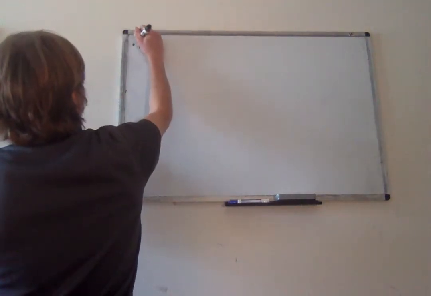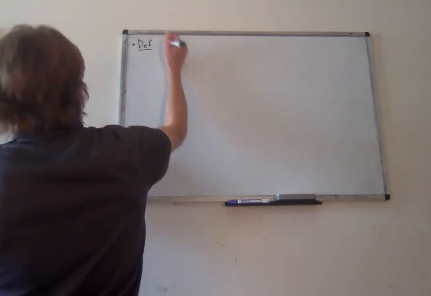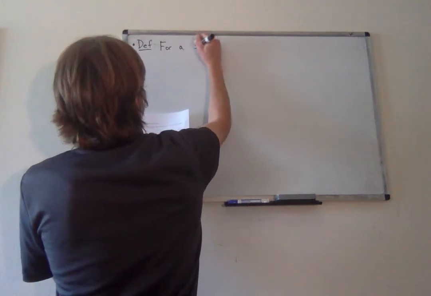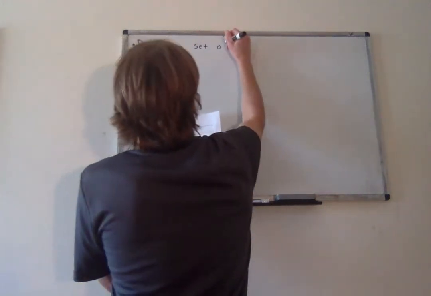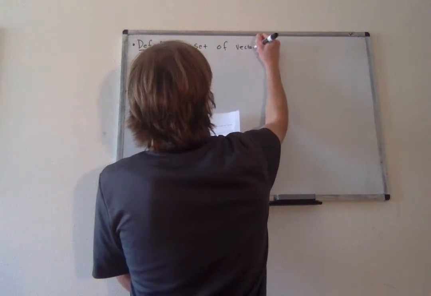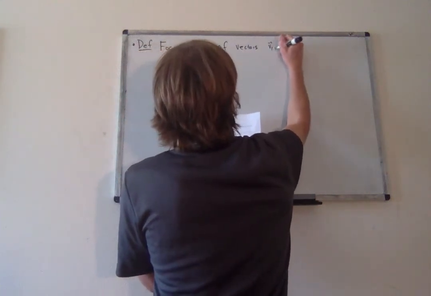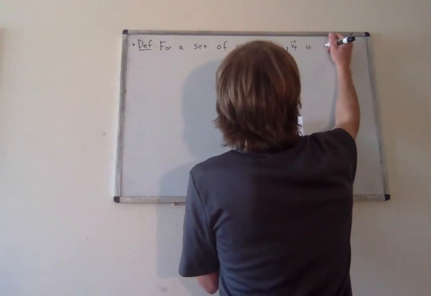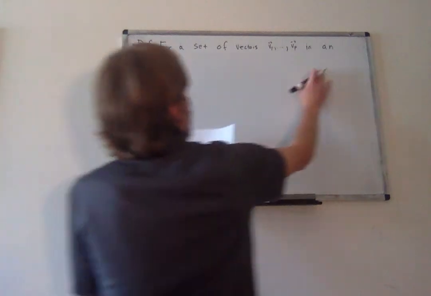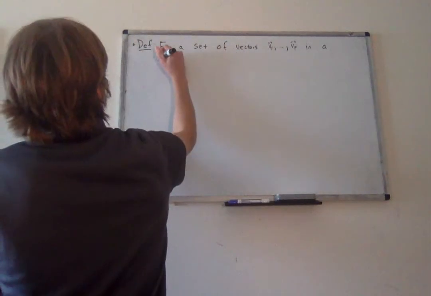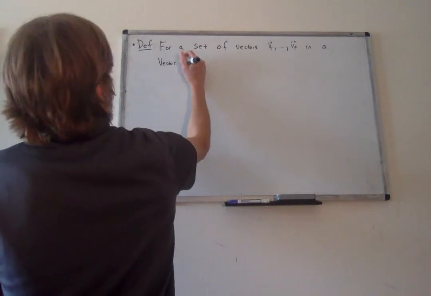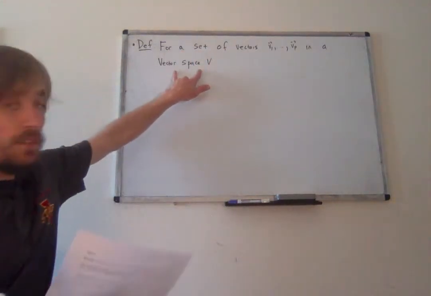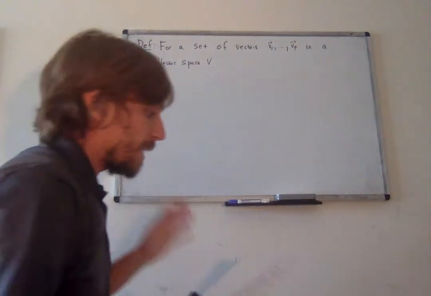Note they're going to look quite similar to the previous definitions, except now we are stating them for any set of vectors v1 through vp in any vector space V. Notice here I'm not assuming V is necessarily Rn, so these could be any sorts of vectors.